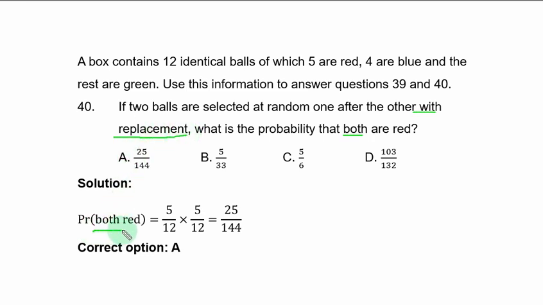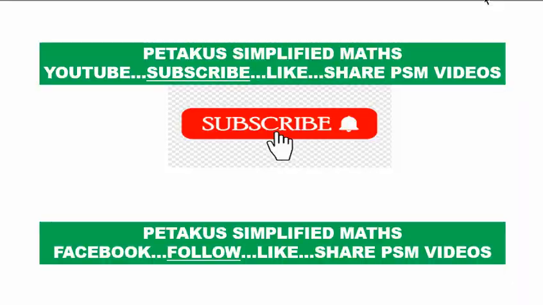Probability both red is equal to the first one is red, 5/12, number of red balls over total balls, times second is red, the same 5/12. If you multiply, you have 25/144. A is the correct option.